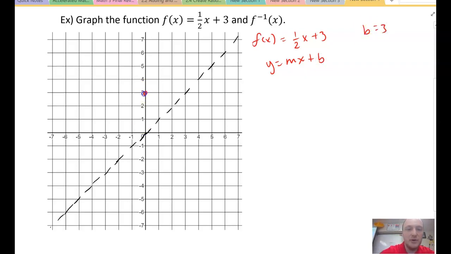So I can plot my point at 3, and then you have a slope. And here our slope is 1/2. So I'm going to rise 1, run 2, up 1, over 2. I can keep doing that until I touch my line. And then I want to draw a straight line through these points.